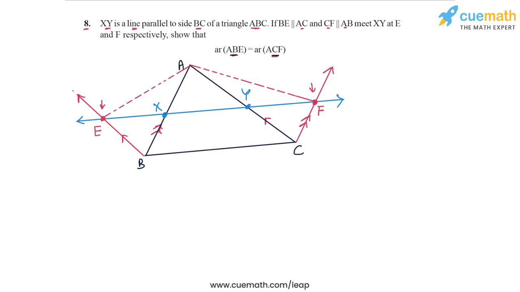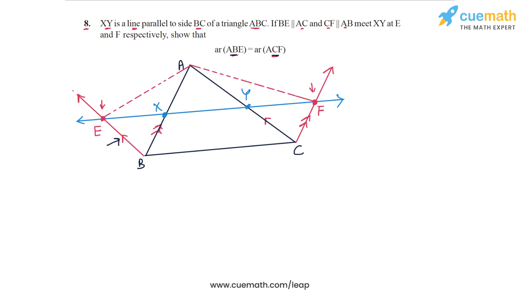steps. In the first step, we will show that the area of triangle ABE, this triangle, is half of the area of the parallelogram EBCY. This is because they are on the same base EB, and between the same parallels EB and AC.